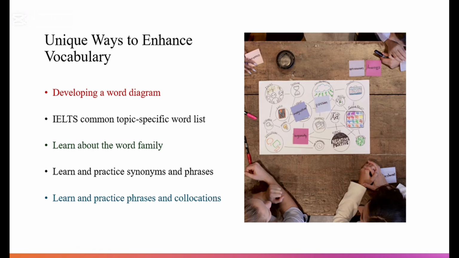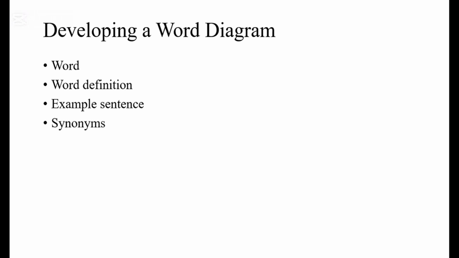So let's start with developing a word diagram. What is a word diagram? For a word diagram, there are four important things. The first thing is the word itself. The second thing is the definition of that word.